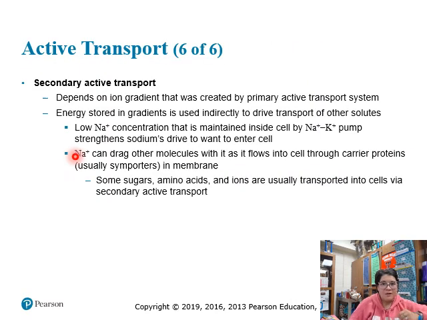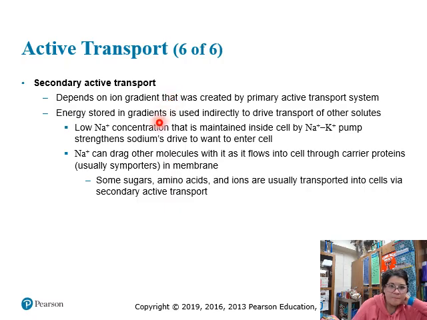Okay. Secondary active transport is the one that uses ATP, but not directly. So the ATP isn't directly running the pump. It's like an indirect thing.